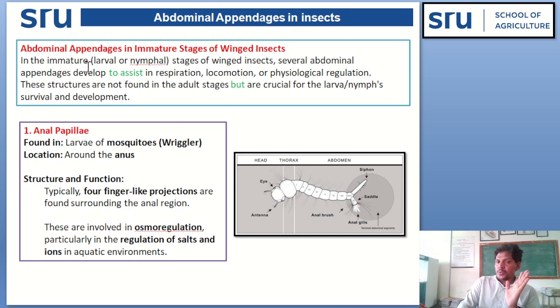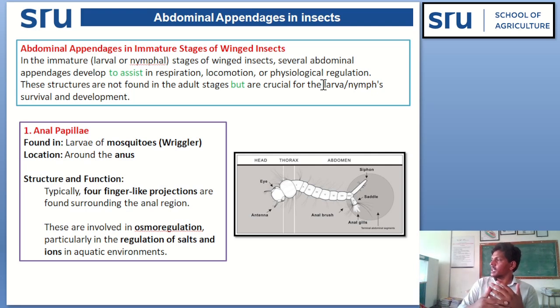In the immature stages of winged insects, we can see anal papillae, tracheal gills, dolichasters, and then prolegs. In the immature stages, that is the larvae or nymph, the winged insect possesses several abdominal appendages that help in respiration, locomotion, or physiological regulation.